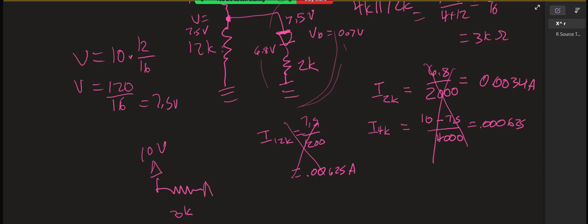And then my diode, and then my 2K. Doesn't the voltage change to 7.5? Doesn't which voltage change? The 10 volts.